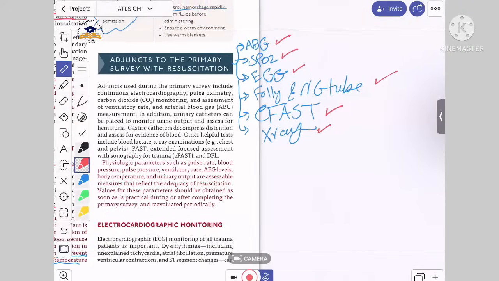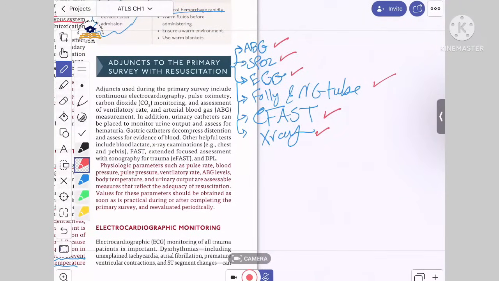So again, ABG, SpO2, ECG if you have chest trauma and suspicion of cardiac injury, and Foley and NG tube can also be inserted.